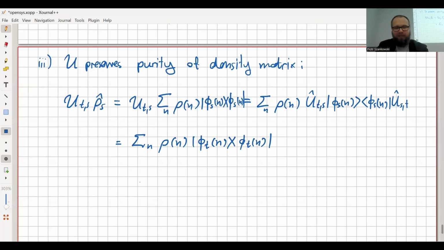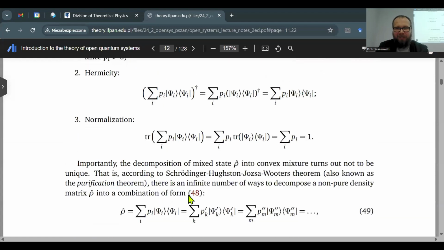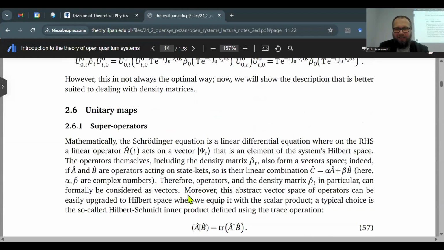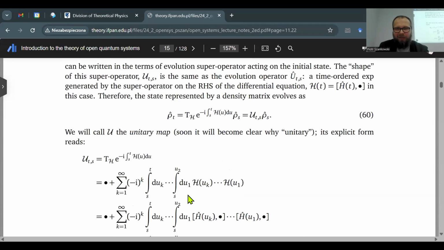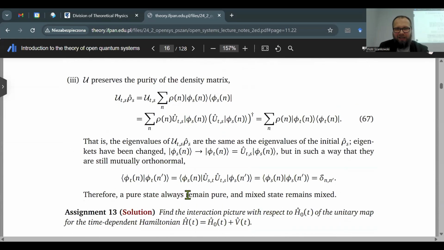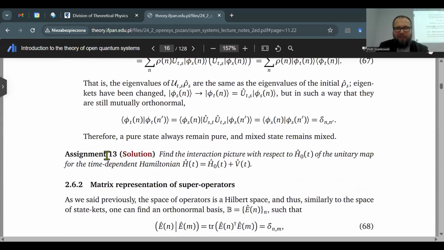So I should finish right now, but let me jump to another assignment I will give you. So the code and another assignment I want to give you is 13. Find the interaction picture with respect to H0 of the unitary map for a time-dependent Hamiltonian.